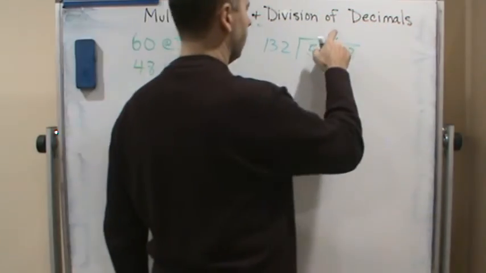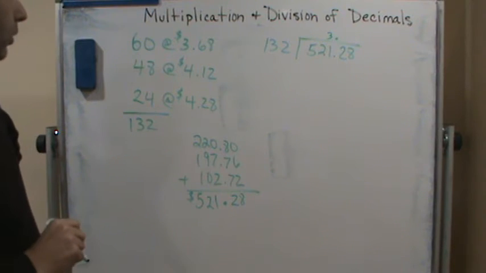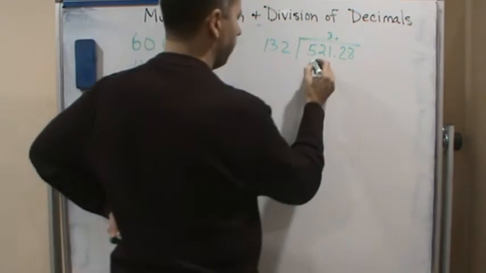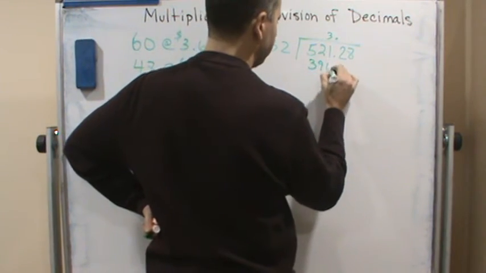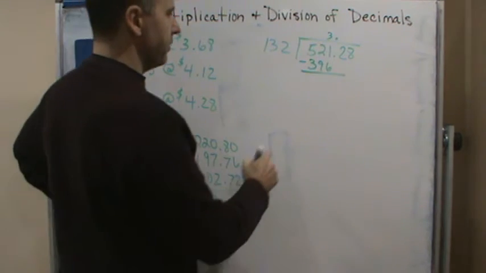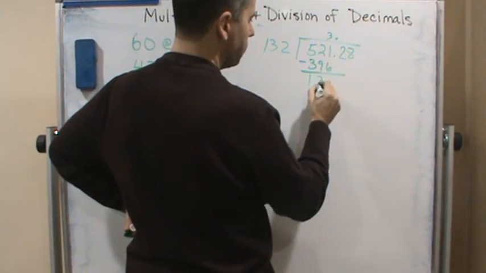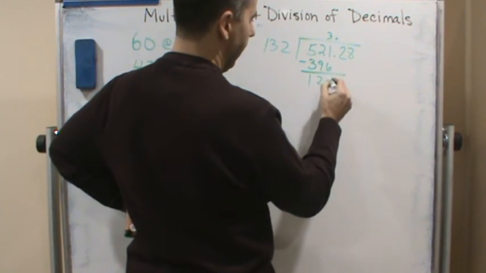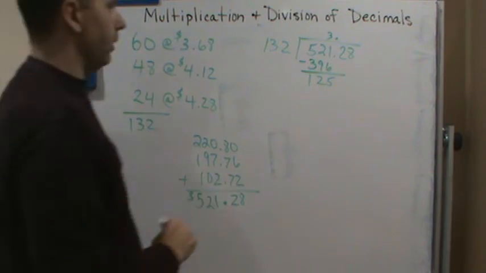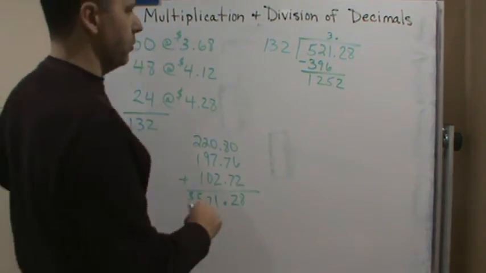No, I guess I was right the first time. 3. So 396. Okay, so now I'm going to subtract. So now this is going to give me 125. Okay, now I'm going to drop down the 2.